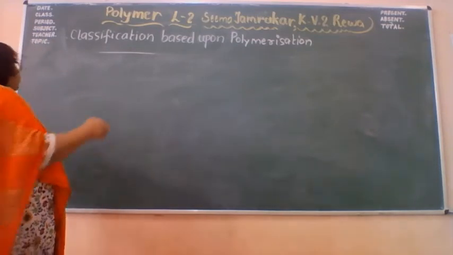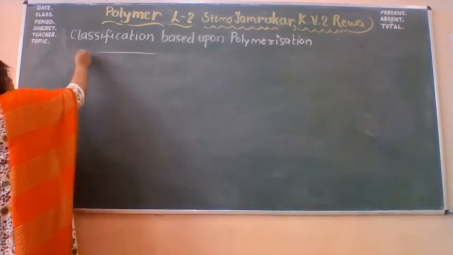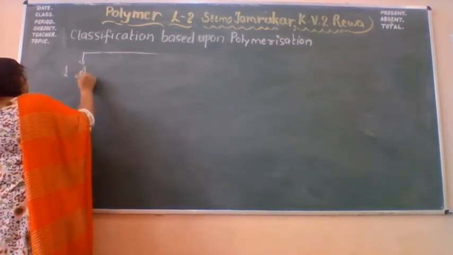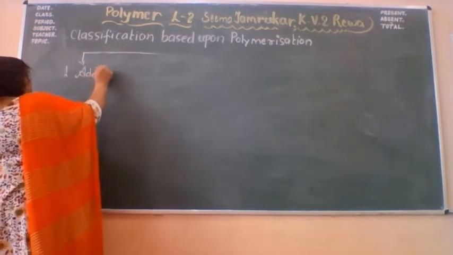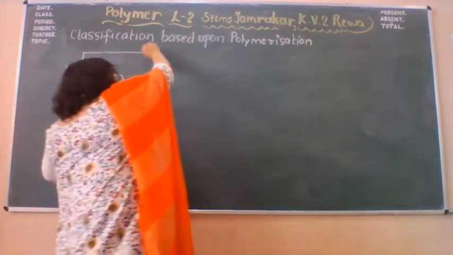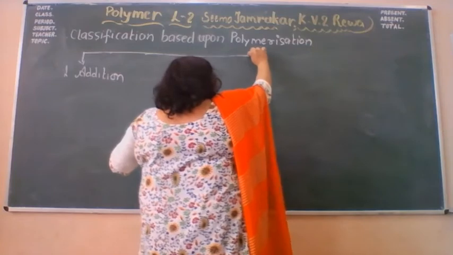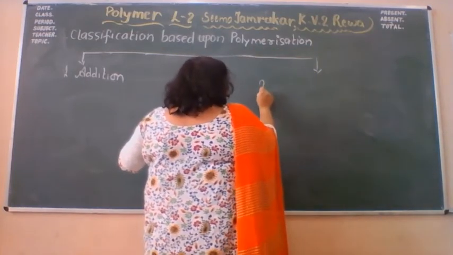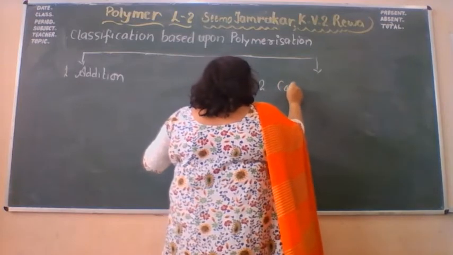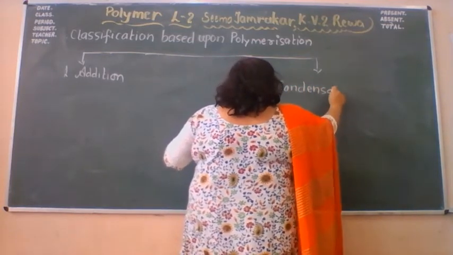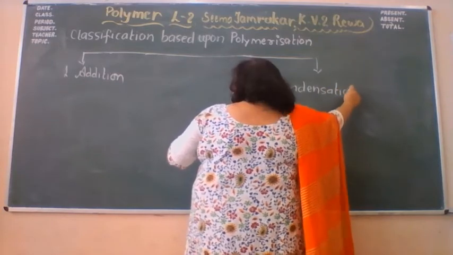Two types of chemical reactions are basically involved. The first one is addition, and the second one is condensation. Today I have the right to ask the question, what is addition and what is condensation, as yesterday I discussed.